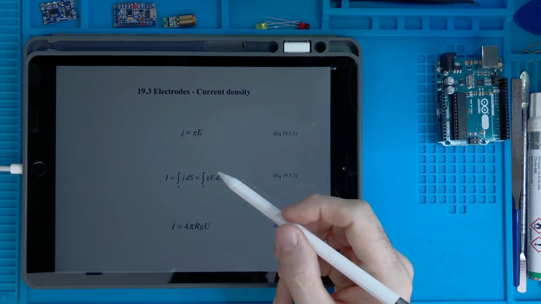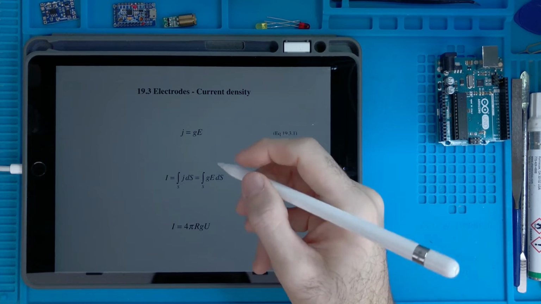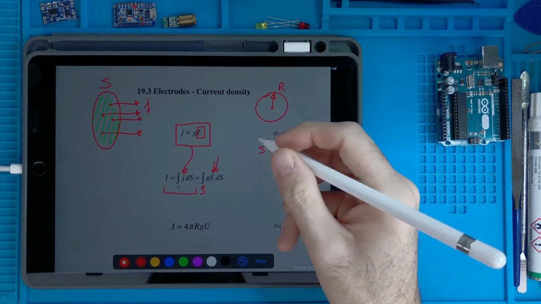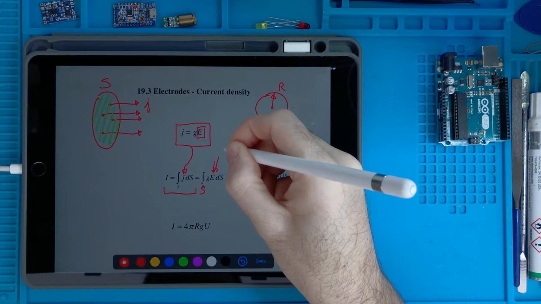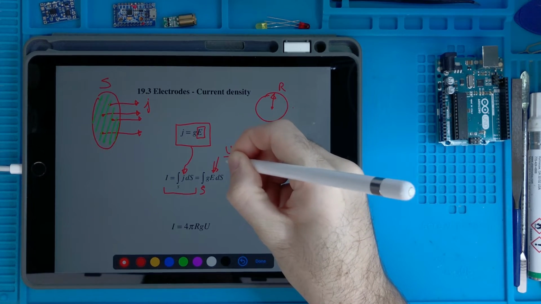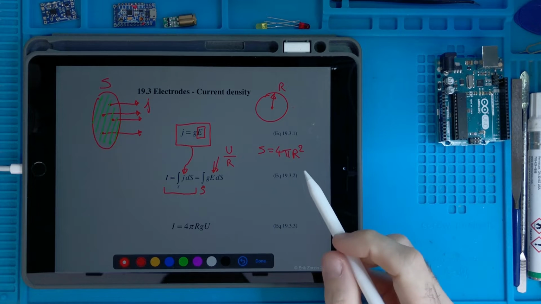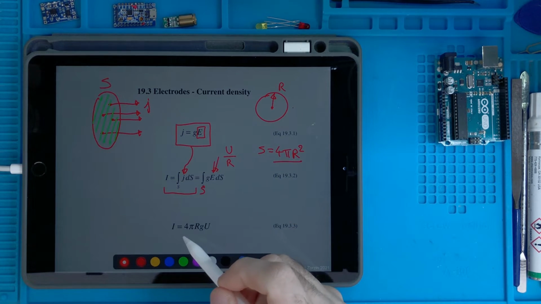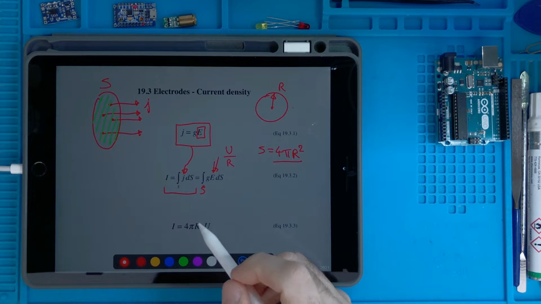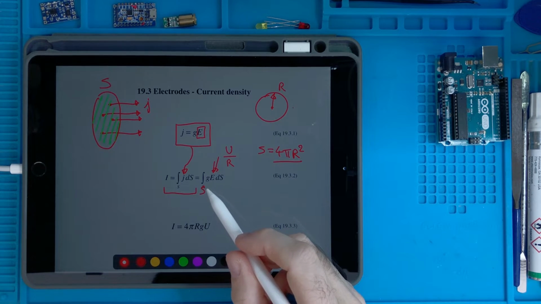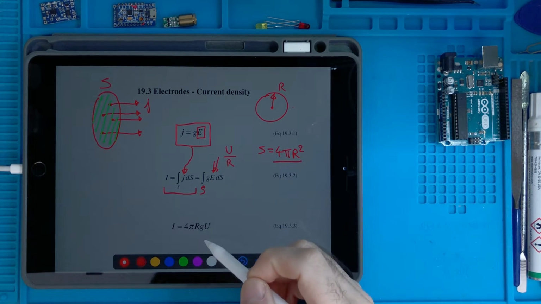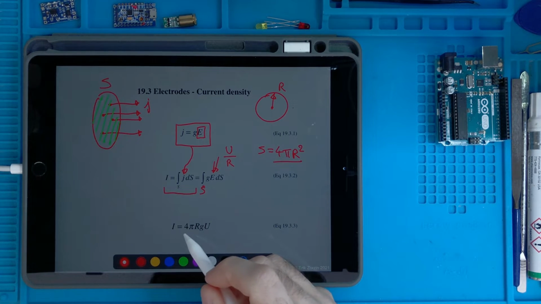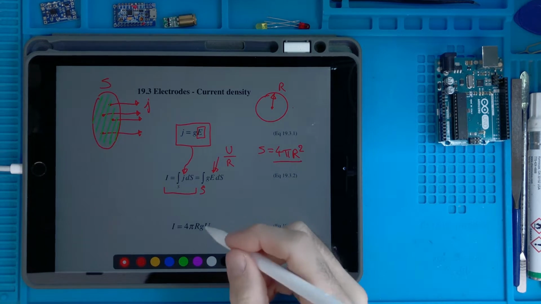So if we substitute all these things, E would become U over the radius r of the sphere, and here we have this r squared, so it's G multiplied by U over r multiplied by 4 pi r squared.